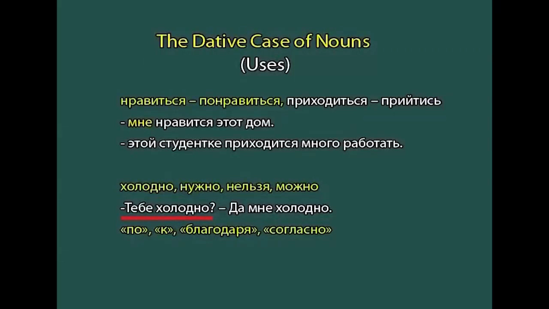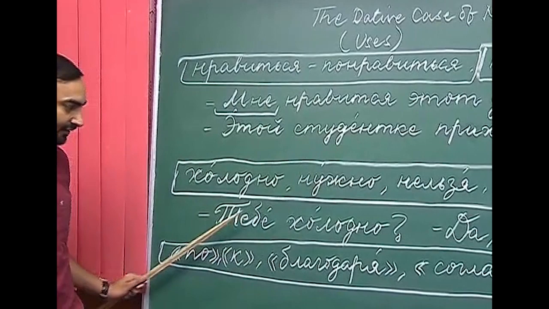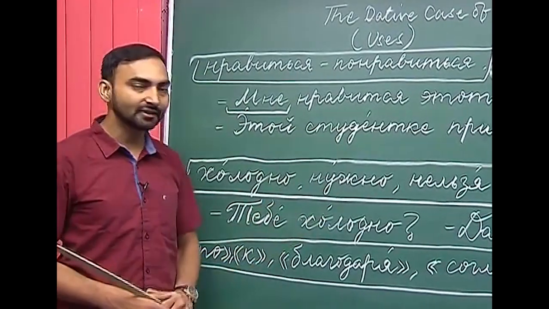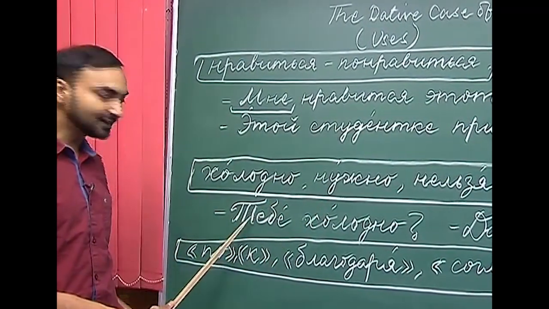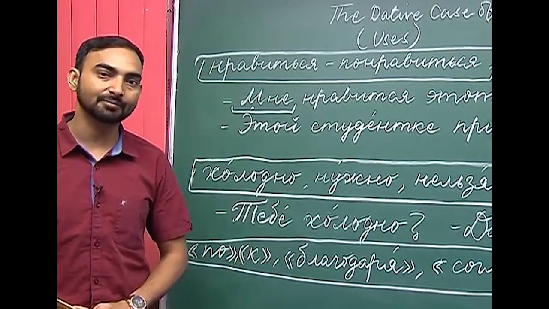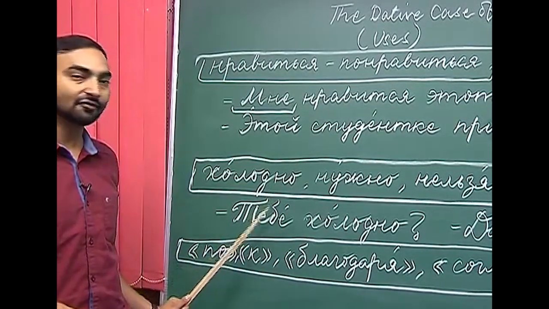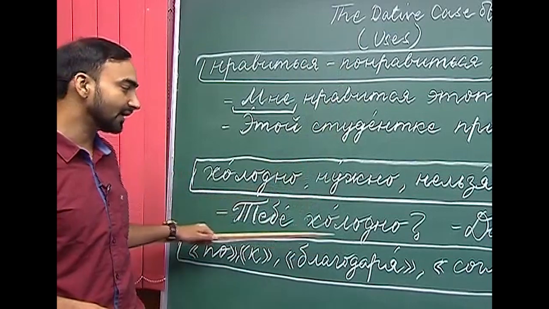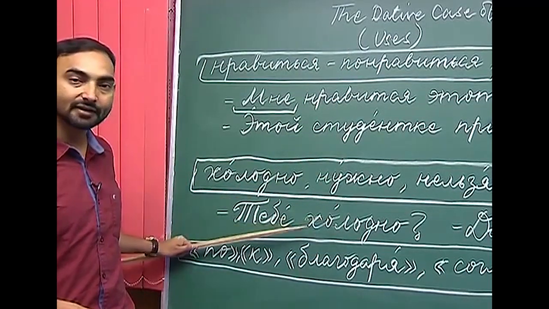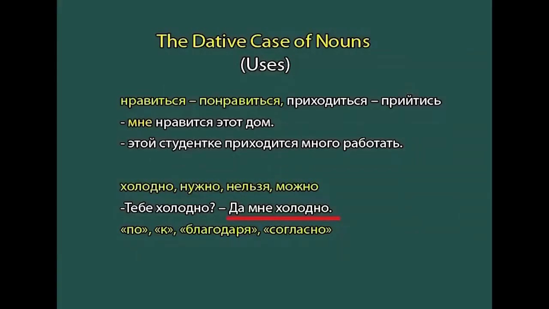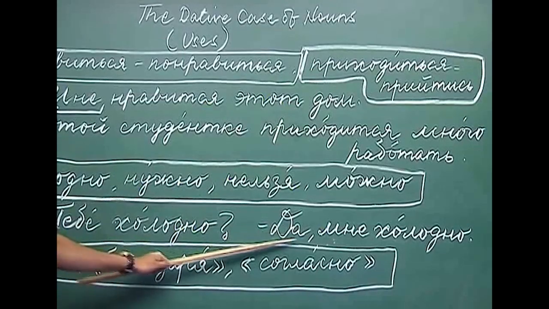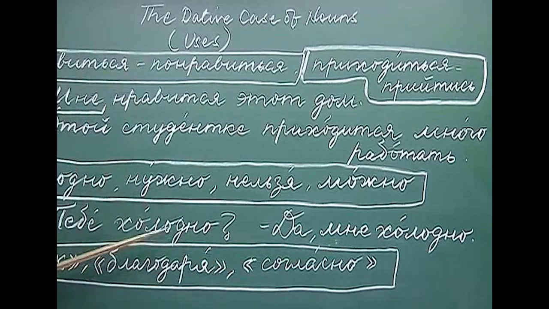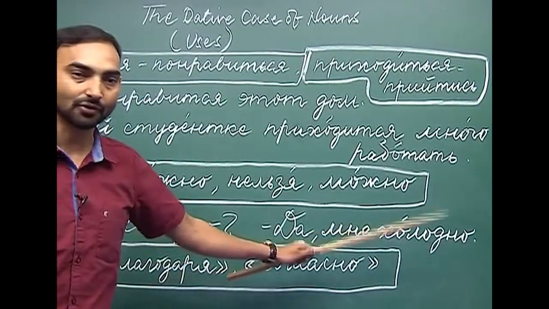For example, tibye kholadna. Again the logical subject is ti, which is the second person singular, but ti here is in the form of dative case. That is why we are again saying this is the logical subject of this sentence. Da, mnye kholadna. Yes, I am feeling cold. So, are you feeling cold? Yes, I am feeling cold.